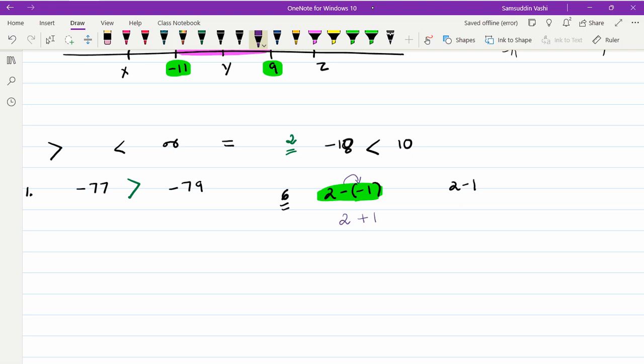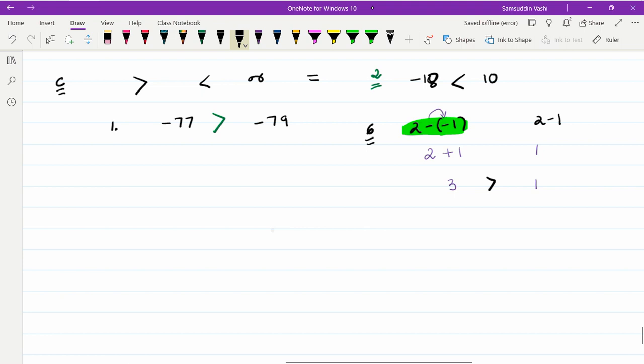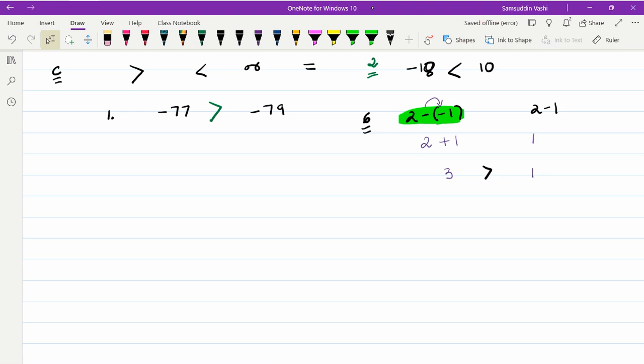No 2 signs. Only one sign in between. And 2 minus 1 is 1. So if I work, left hand side is 3. Right hand side is 1. So everybody knows now, 3 is bigger. And then D. Did I give you D?